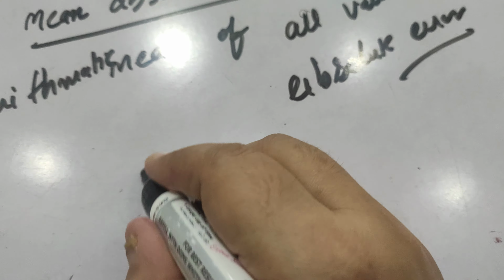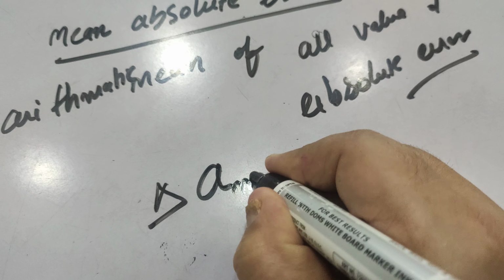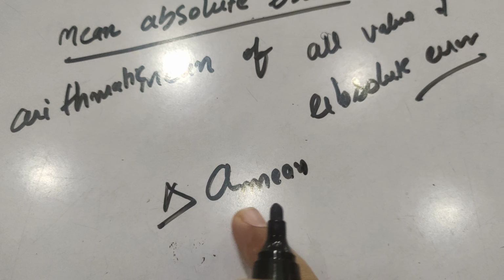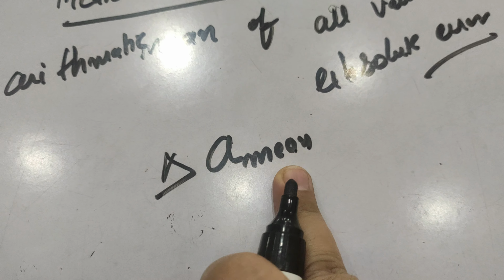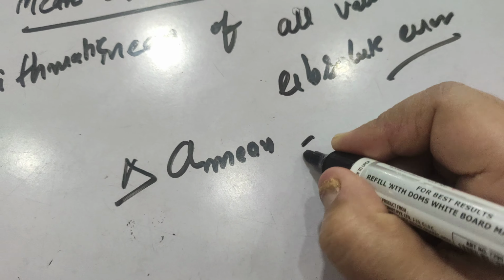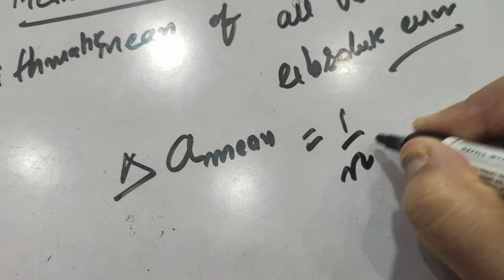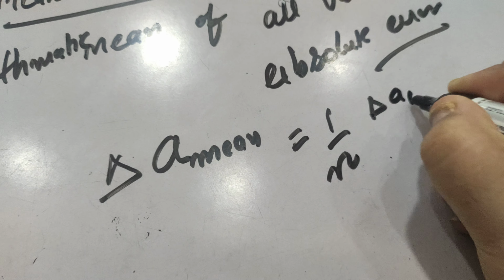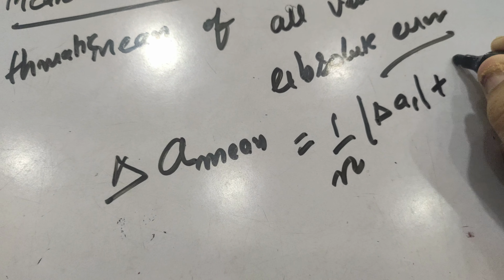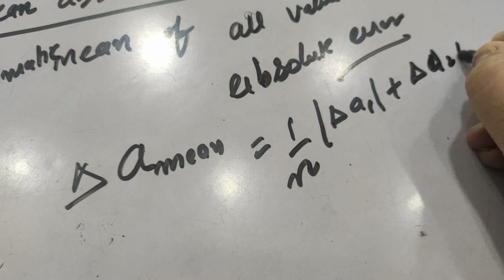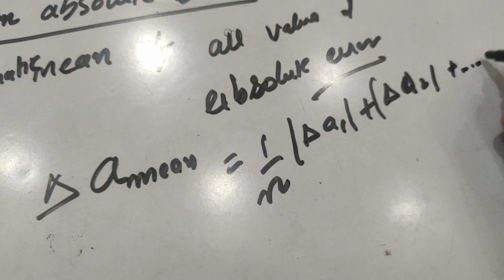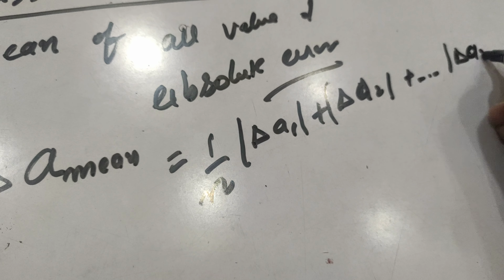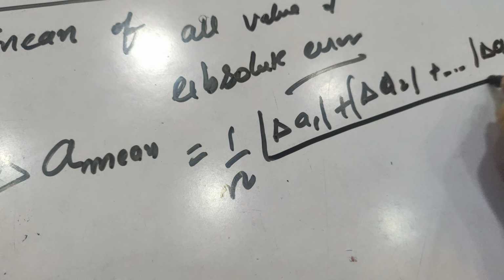More precisely we will write it as delta a mean, which represents the mean of absolute errors. So this is written as 1 by n of the modulus of delta a1 plus modulus of delta a2 plus so on modulus of delta an.